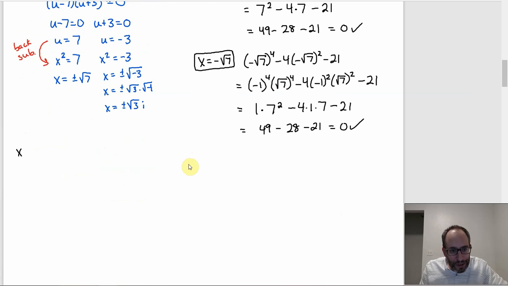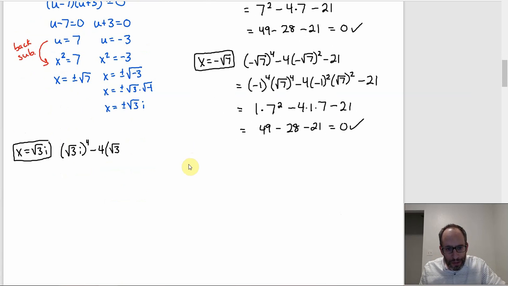Well, let's see. So if x is radical 3 times i, like that, let's see. If we sub in square root of 3 times i to the fourth minus 4 times square root of 3 times i squared minus 21.